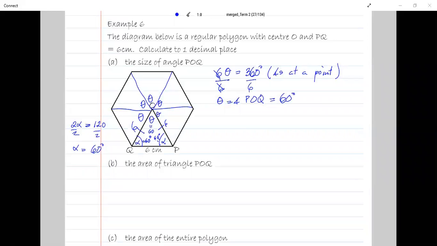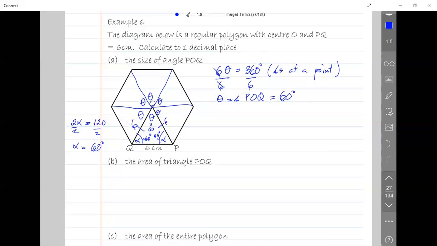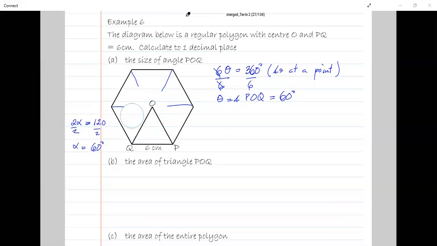So all I'm saying is that when your polygon is a regular hexagon, the radii doesn't divide the polygon into just isosceles, it divides it into equilateral triangles. So if this is 6, it means all 3 sides are 6. All right? It's isosceles because it's an equilateral triangle.